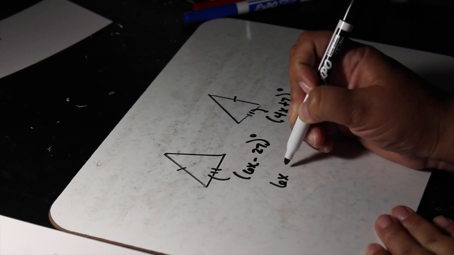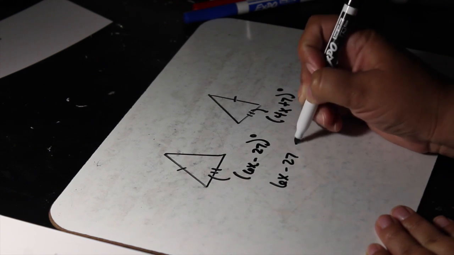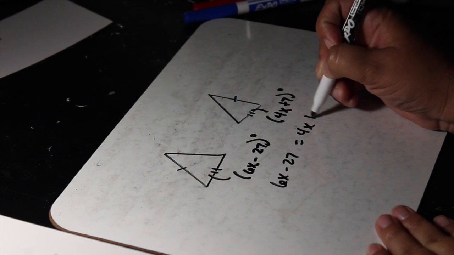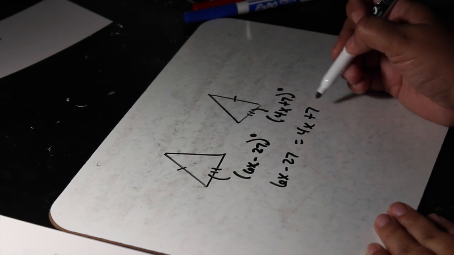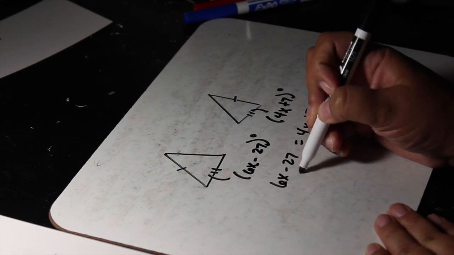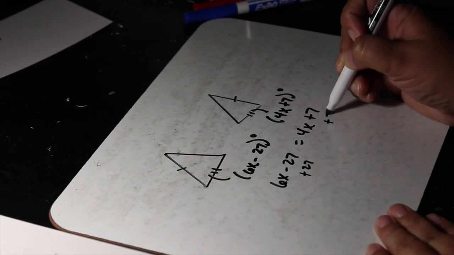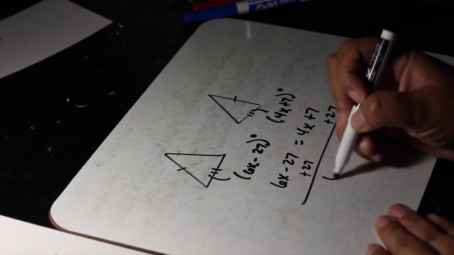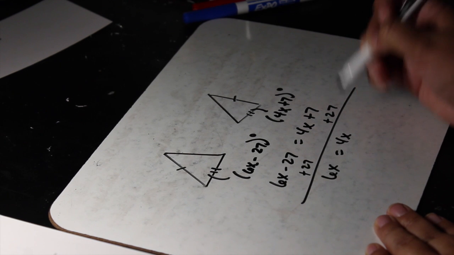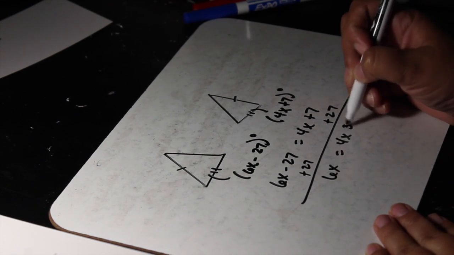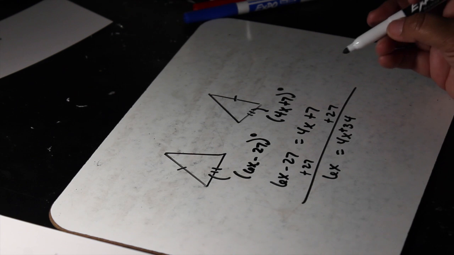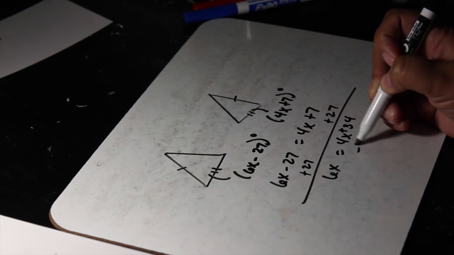Okay, so let's go ahead and put it into an algebraic form. So 6x minus 27 equals 4x plus 7. So we can just add 27 to both sides first. And 7 plus 27 is 34. Then we can bring the 4x over here.